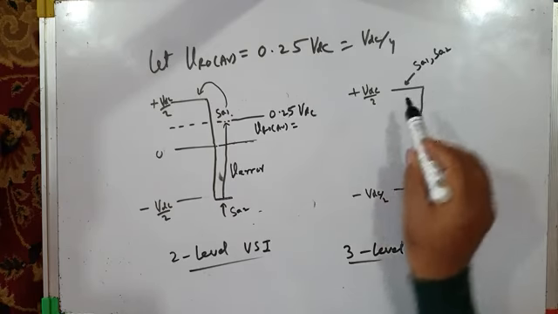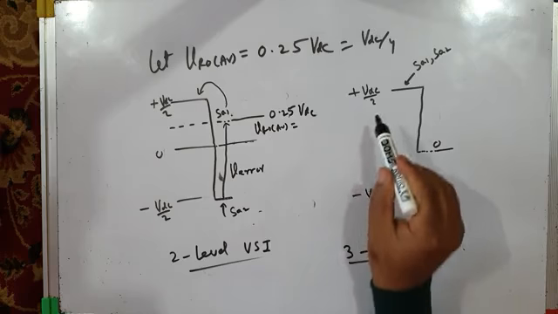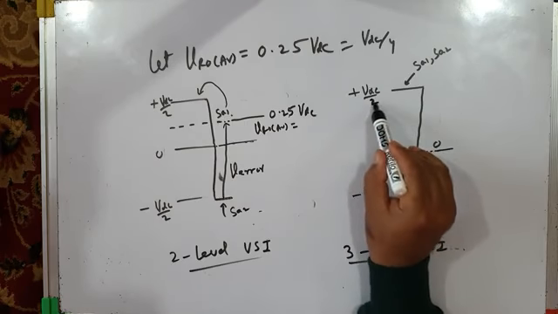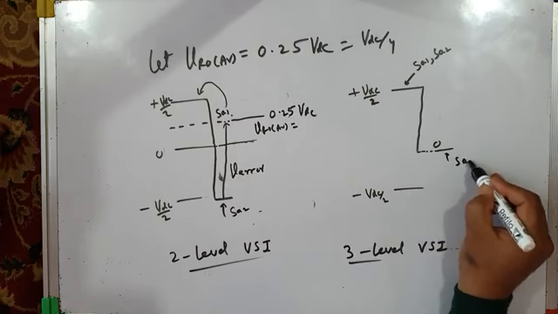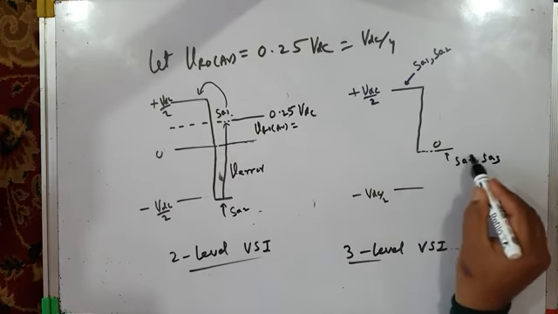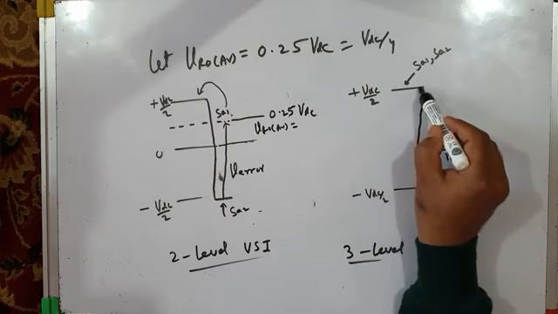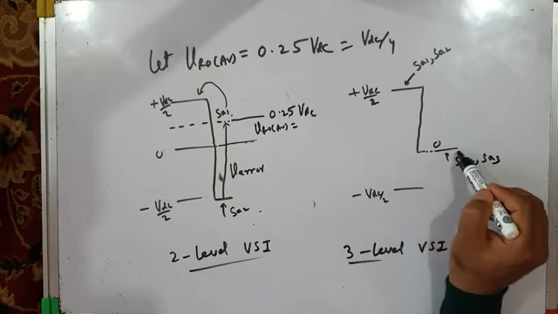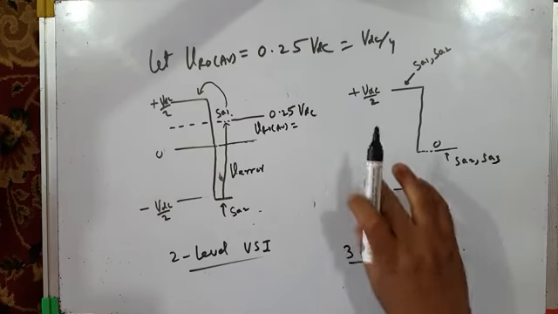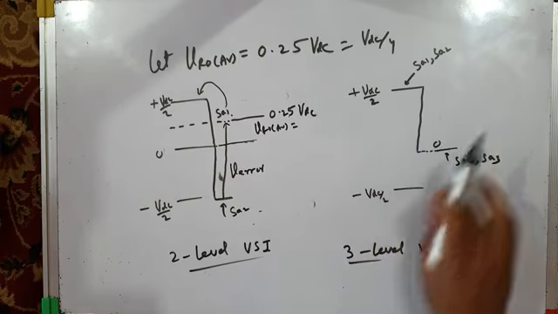They are on for some time, and they give a pole voltage VRO equal to plus VDC by 2. And the middle two switches, that is SA2 and SA3, are kept on for an equal amount of time, so that the pole voltage is 0. Because we know that when the middle two switches are on in a 3-level inverter, the pole voltage is 0.